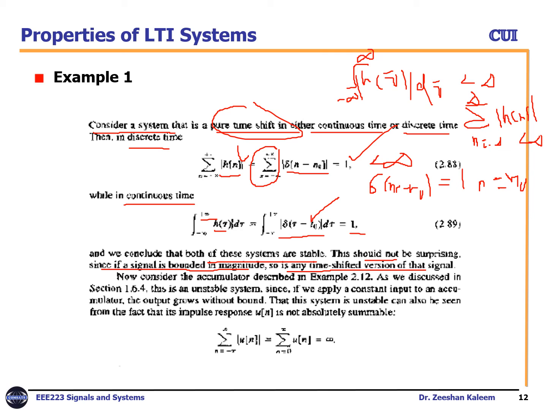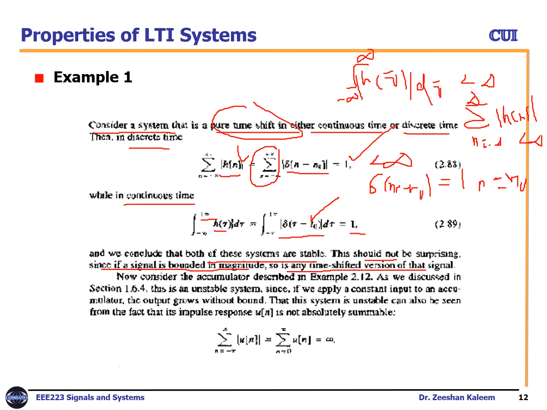You know that delta t is bounded because when we input delta t, output is always 1, right? So similarly, if we input the shifted version of delta t, it is nothing else except the delay. So it will also be bounded.